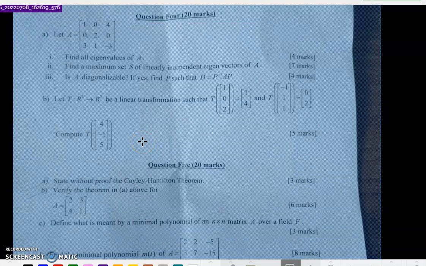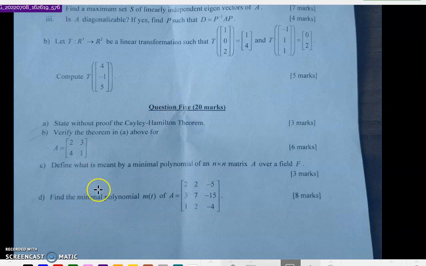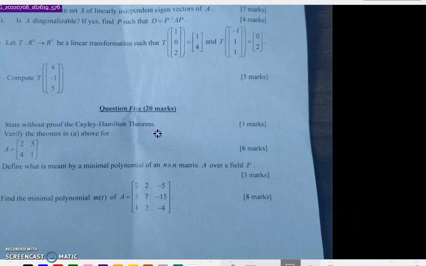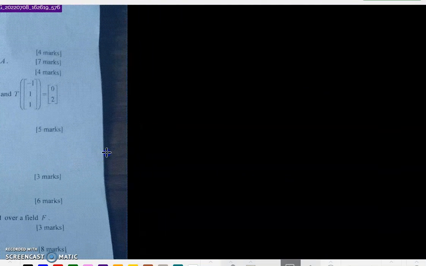So here is question 5, and if you observe, question 5 carries 20 marks. The first part in this question says: state without proof the Cayley-Hamilton theorem. So let us state without proof the Cayley-Hamilton theorem.